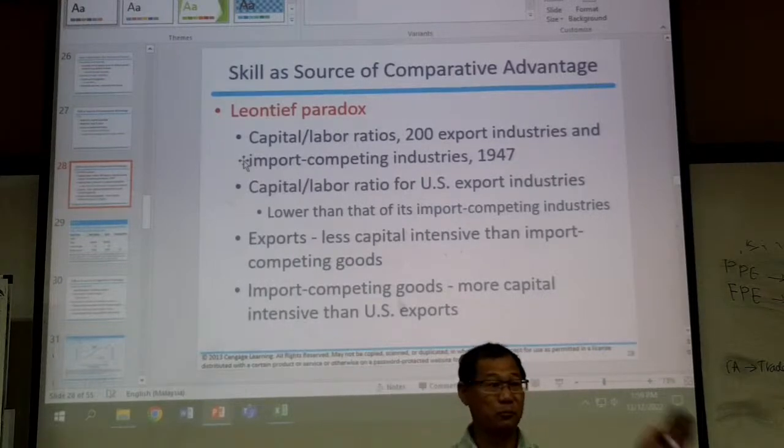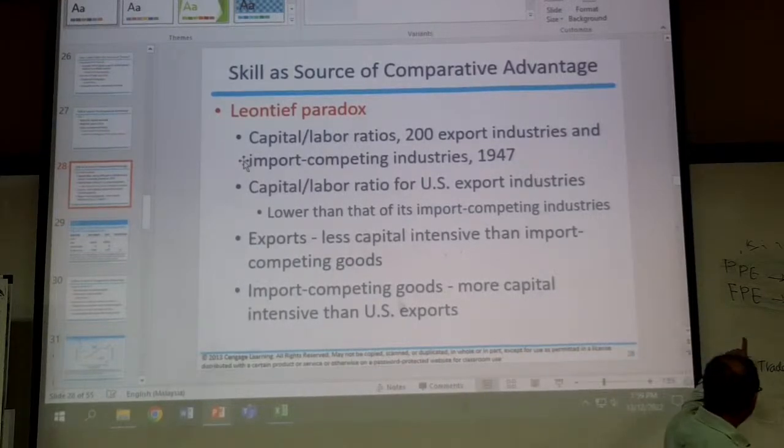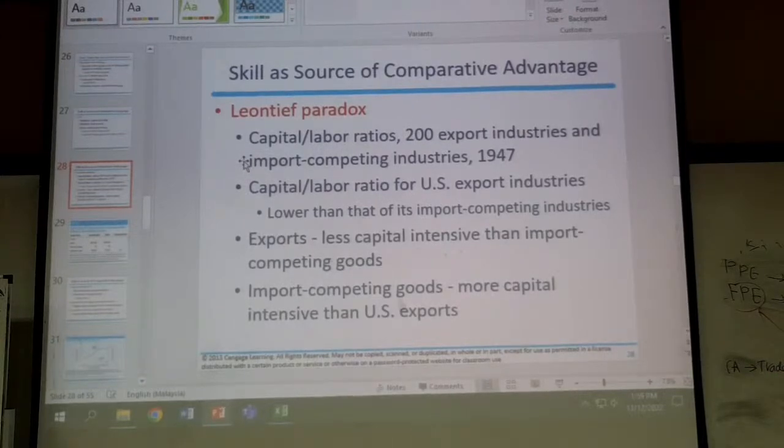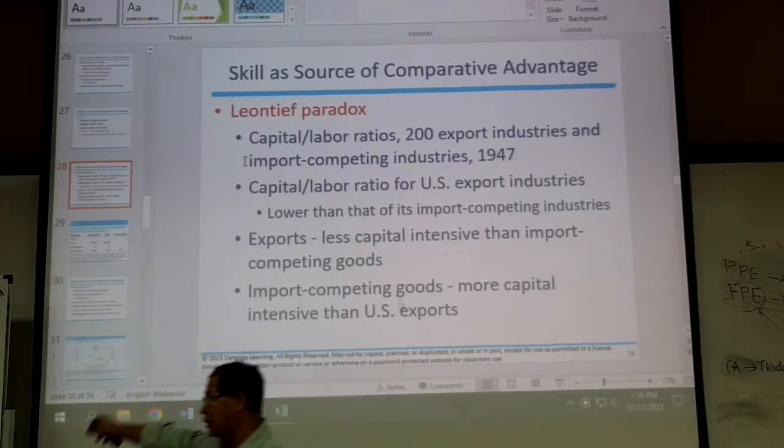No, the other way. Factor price equalization leads to product price equalization. You follow me now? Which one is factor price? There, the whole thing here.